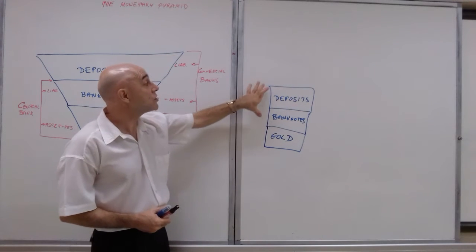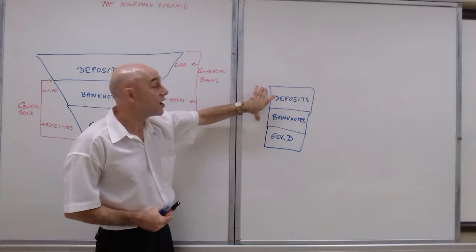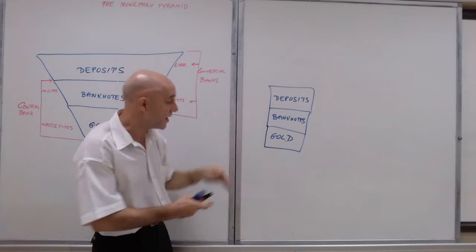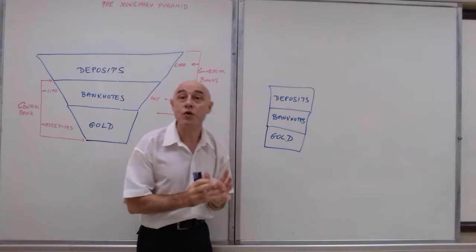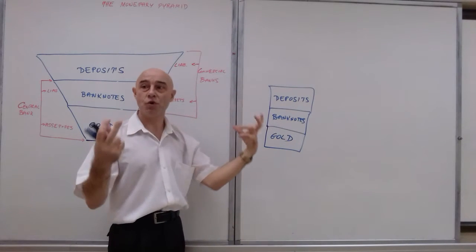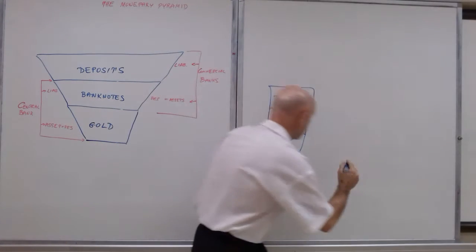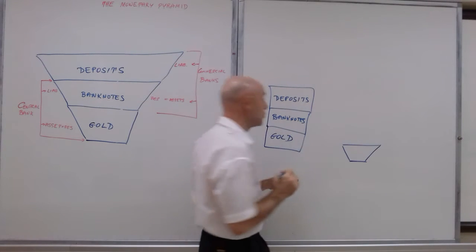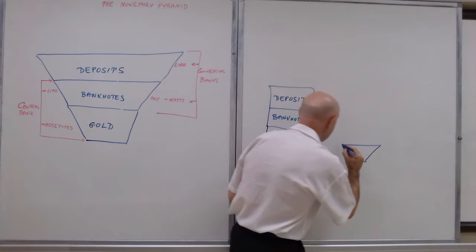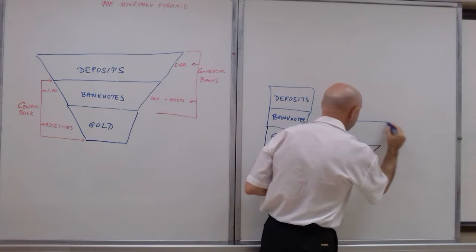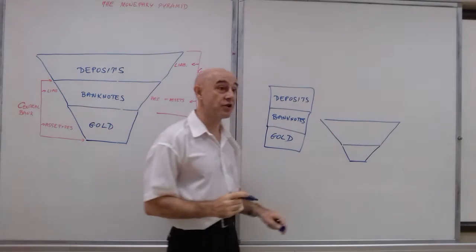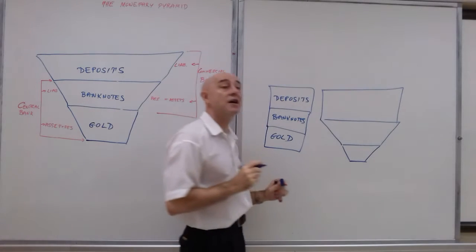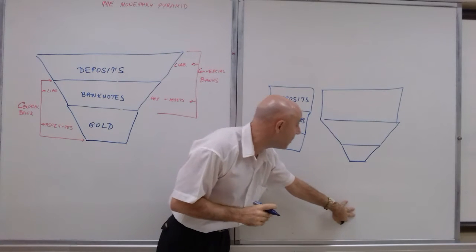Now, suppose we have a 100% reserve commercial bank, and the central bank will have twice more banknotes. What is the pyramid going to look like? It's going to look like this. This will be the gold part. This will be the banknote part. And this will be the deposit part.